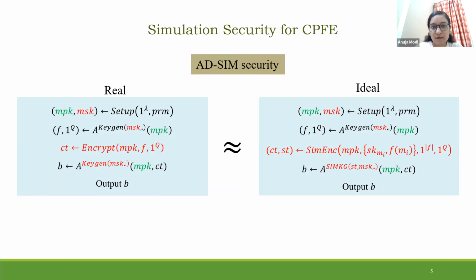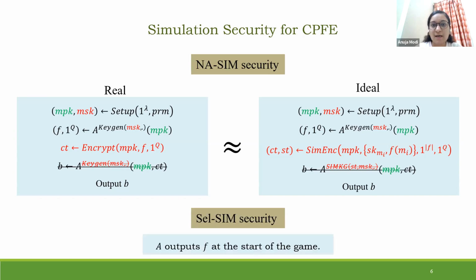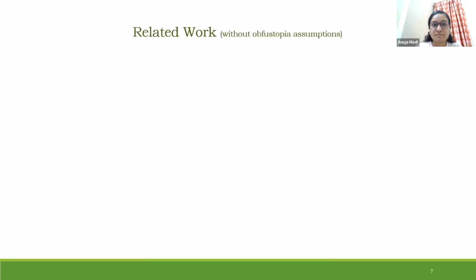Note that in adaptive simulation security, the adversary can have pre and post challenge key queries. In non-adaptive simulation security, the adversary cannot have post challenge key queries, and here also the real and ideal worlds should be indistinguishable. In selective simulation security, the adversary outputs the function at the start of the game.